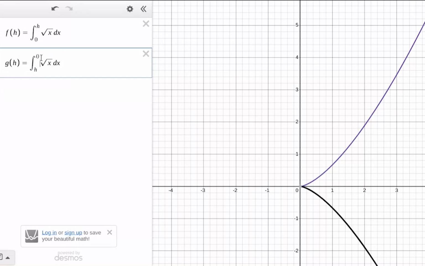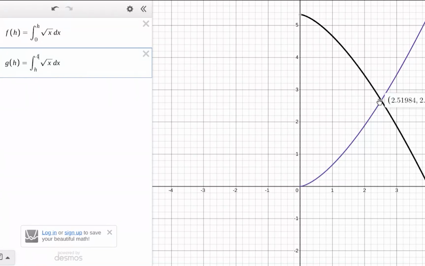So this point of intersection here is going to be our answer, 2.519.